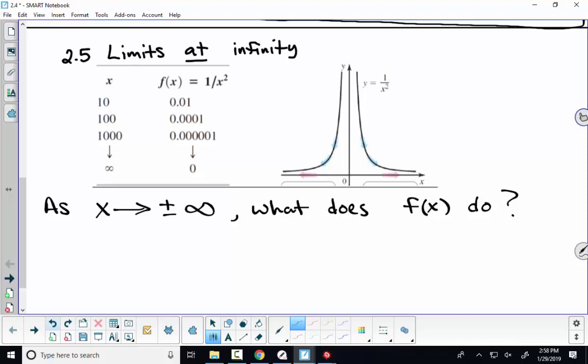You've studied this concept too with polynomials and with rational functions. Specifically, I think those are the only ones you've ever looked at prior to this course. But for any function, if we're questioning what do the y values do as x approaches infinity or negative infinity, what is that concept related to functions?